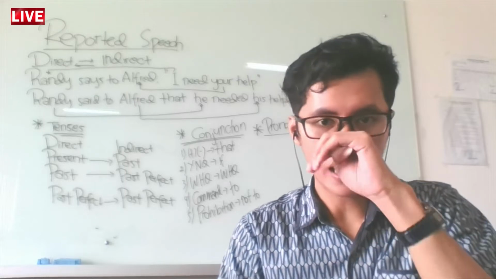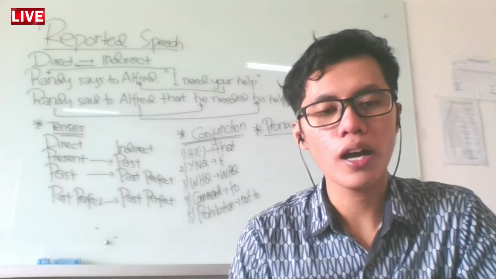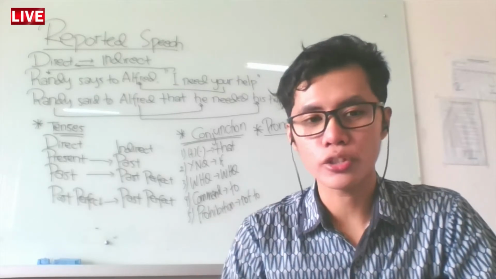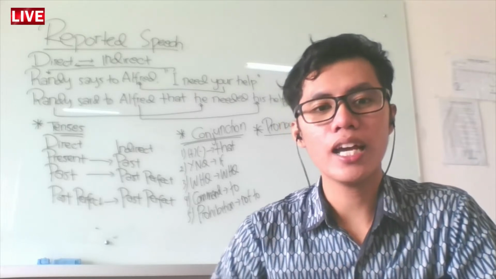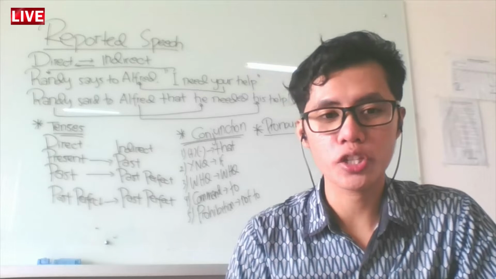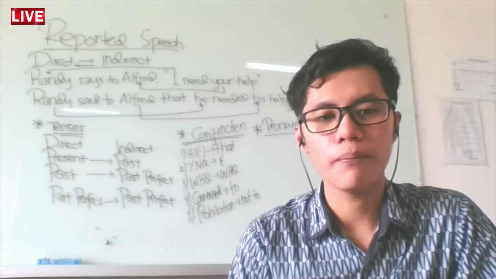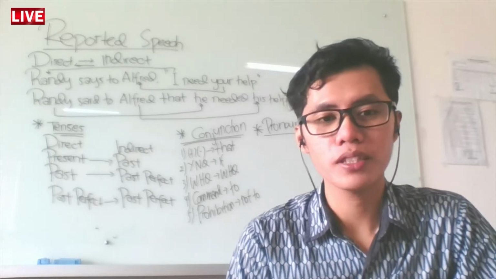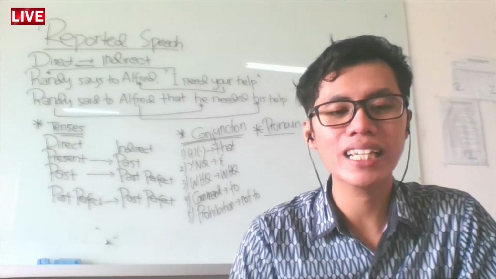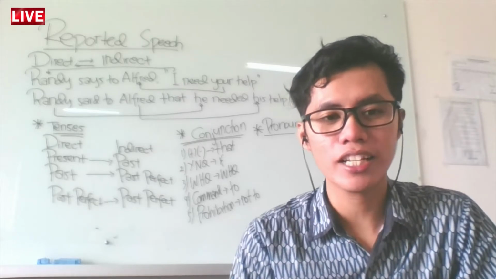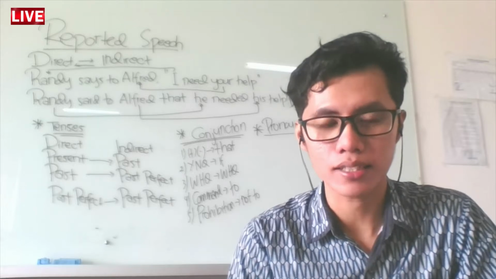Randy says to Alfred, "I need your help." "I need your help" here is simple present tense. If you change that into the indirect form, it becomes he needed his help. In this case, the tense is simple past tense.